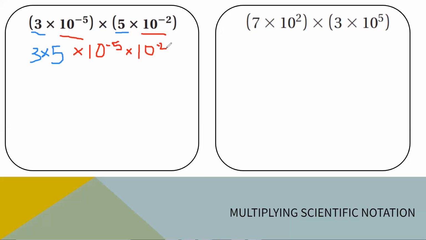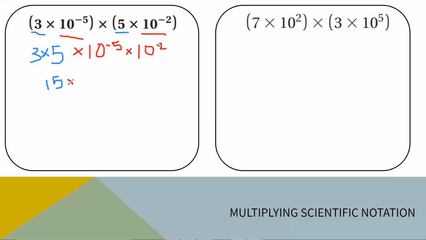And now I'm going to be multiplying my factors and I'm going to be multiplying my powers. So when I multiply my factors, I have 3 times 5, which is going to give me 15. And then on the right side, I've got my 2 powers being multiplied.